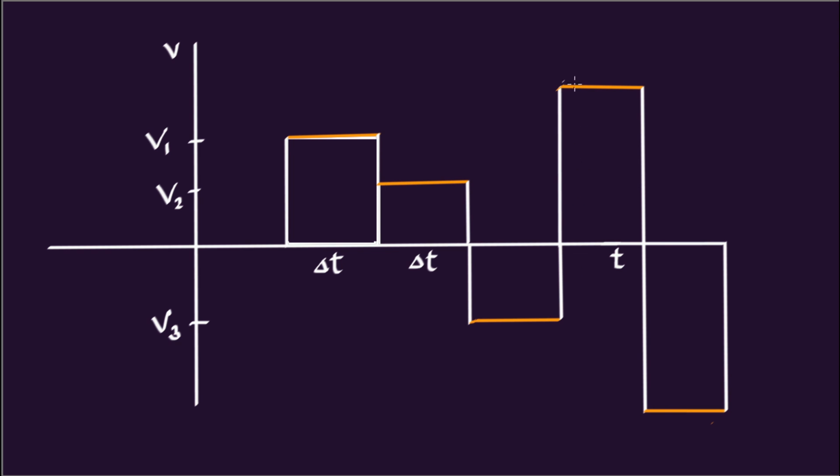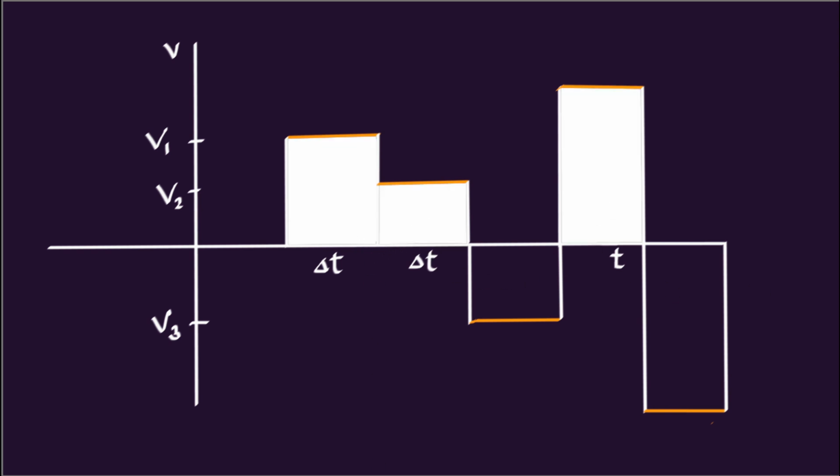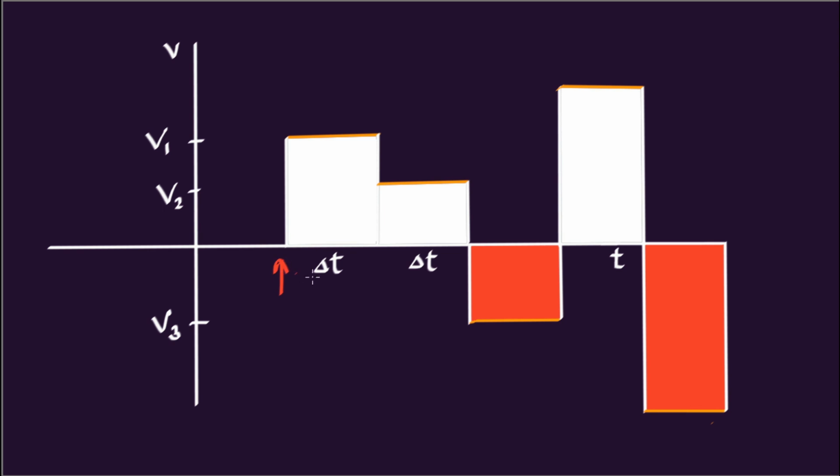A step graph is one where we have intervals of time during which the velocity remains constant, sometimes positive and sometimes negative. What do? All we have to do is take this area plus this area plus this area minus this area and minus this area. That will give us the total displacement of the particle from this instant of time to this instant of time.